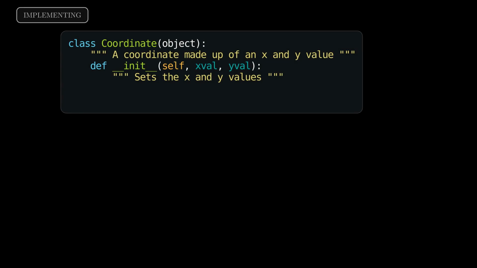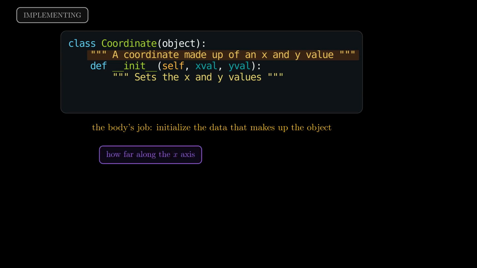The body of dunder init holds whatever code initializes your object, and 99% of the time that means one thing, setting up the data that makes up the object. We already decided what data makes up a coordinate, how far along the x-axis it sits, and how far along the y-axis.